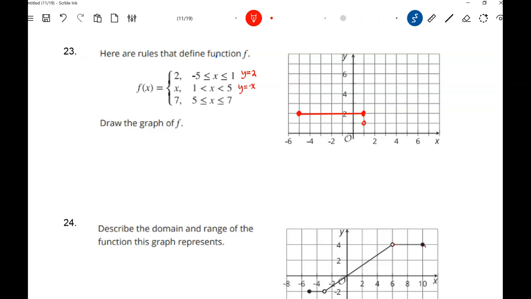And then all the way to 5, if x is 5, so is y, and it's an open circle. And it's all of those. And then the last one says y is 7 from 5 to 7. So the end point is colored in, since it says or equal to.